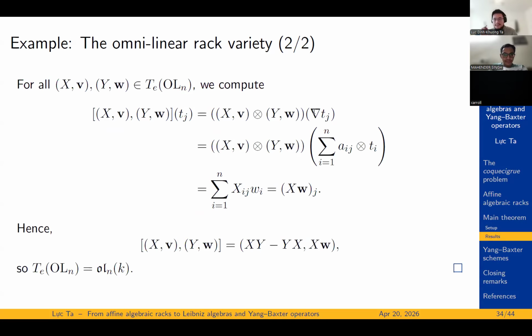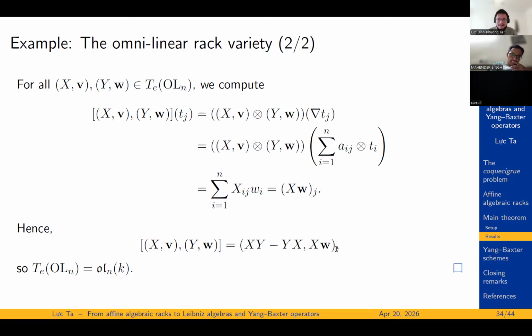All right, so this is going to be a direct computation. First, we're going to need to work out what nabla of each of those coordinates is. Again, nabla is induced by the rack operation. So that's a direct computation, and it turns out that you get this expression for that. Then if you take an arbitrary bracket and have it act on Tj, so x, v, y, w, it turns out that you get the jth coordinate of xw.